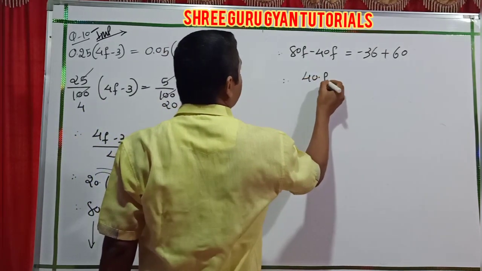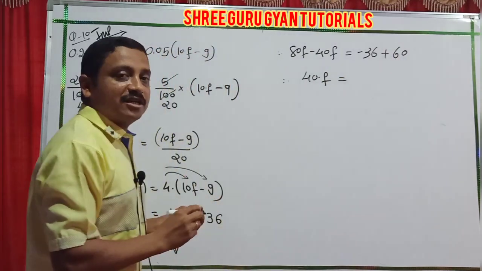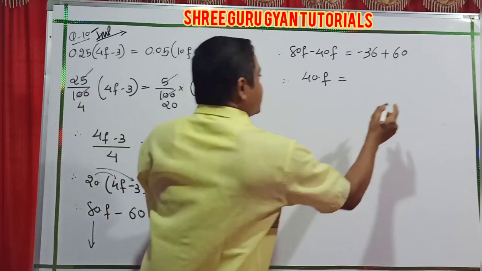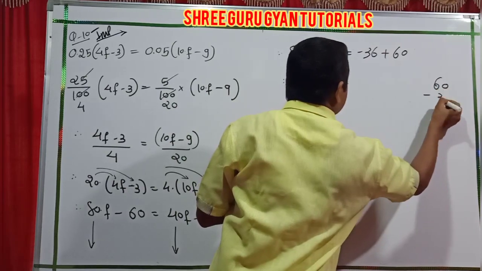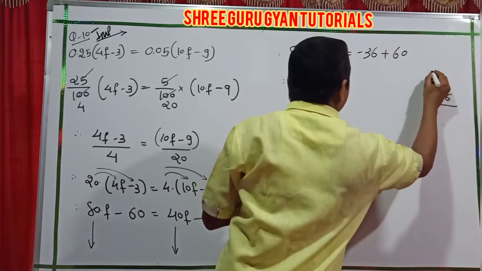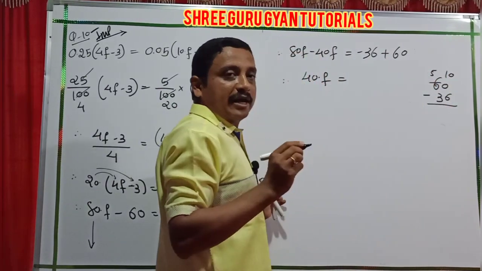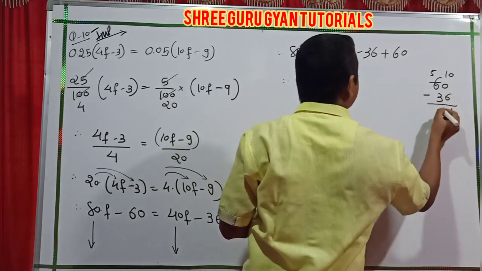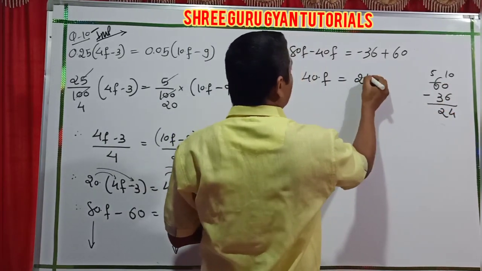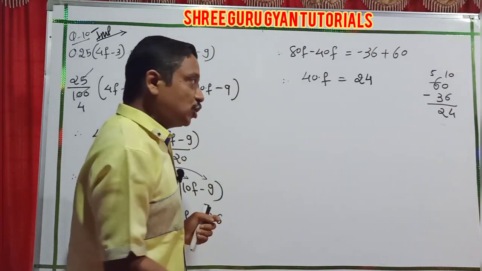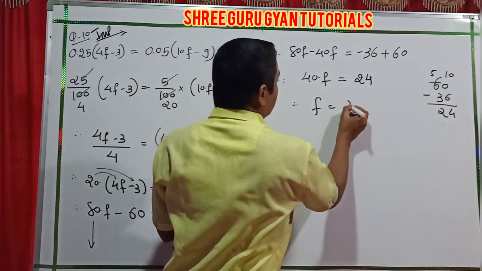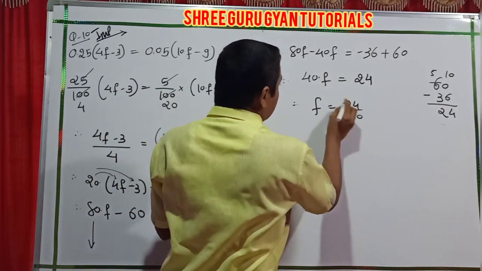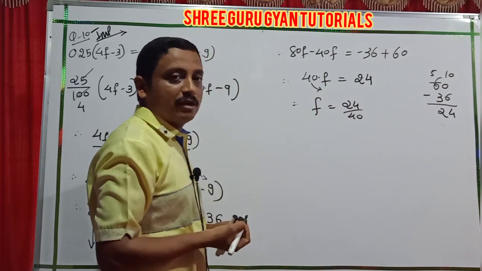Now 80 minus 40, how much? Yes, it is 40f. And 60 minus 36, how much? Here 5, here 10 carry. And 10 minus 6 is 4, and 5 minus 3 is 2, means 24. So finally you get f is equal to 24 by 40. This 40 you divide.